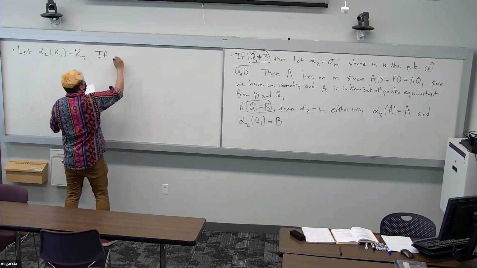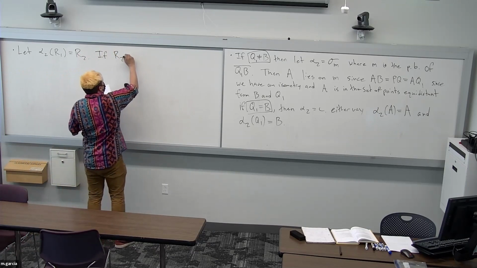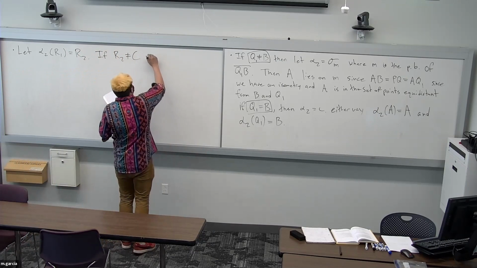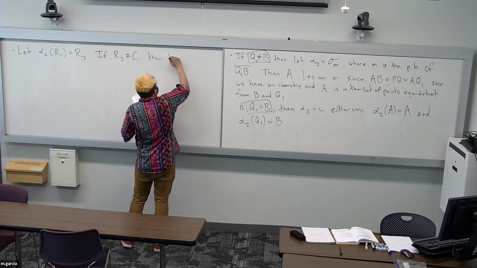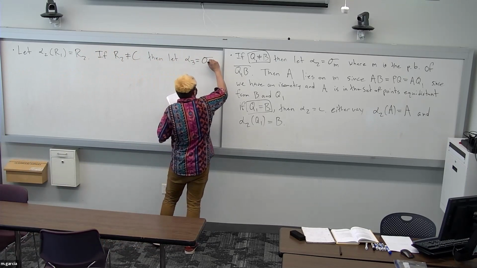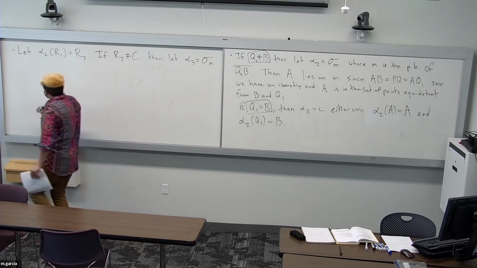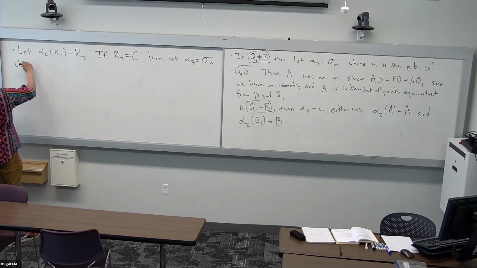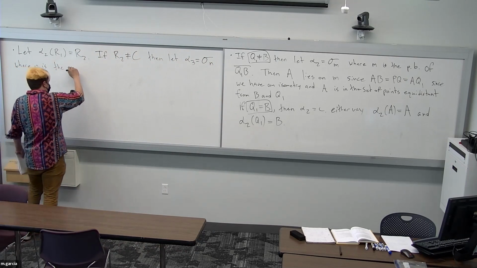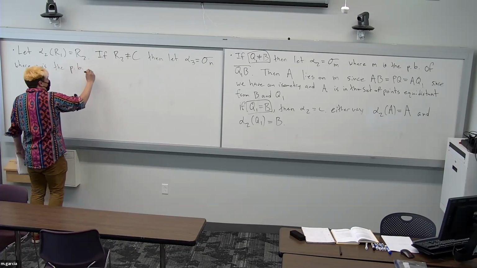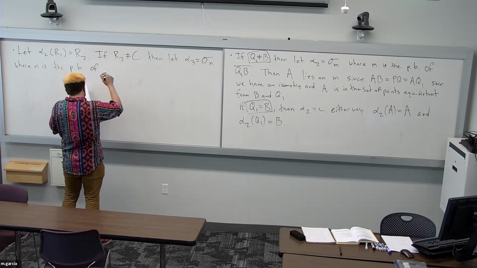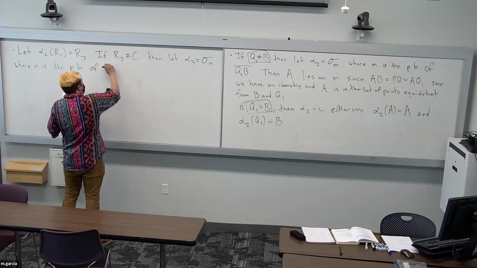Then if R2 is not equal to the point C, let alpha 3 be equal to sigma sub n, where n is the perpendicular bisector of the line segment R2C.